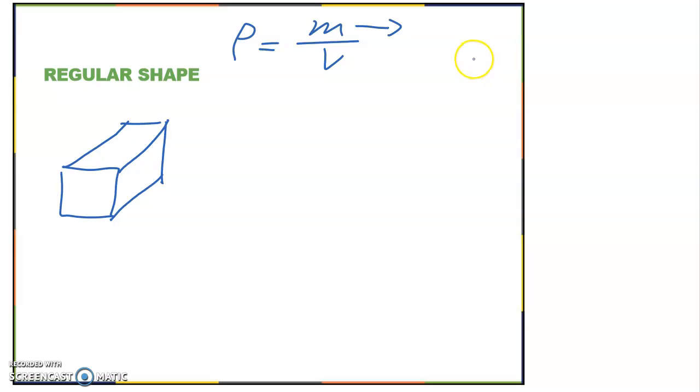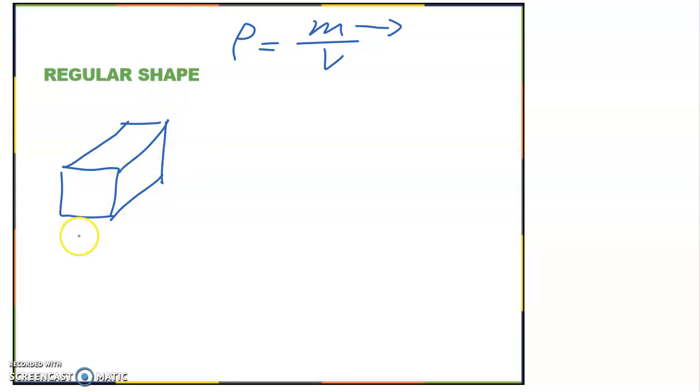Mass, we can always measure by using a scale, or a balance. Most likely in a lab nowadays, people use a digital scale. How about volume? If it's a regular shape, there is a formula to calculate the volume, so yes, we can calculate it.